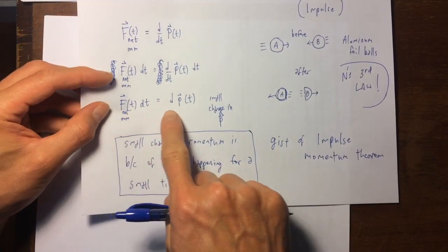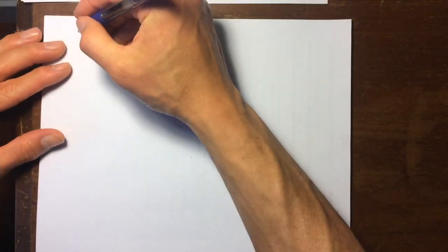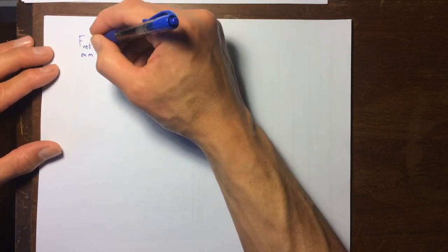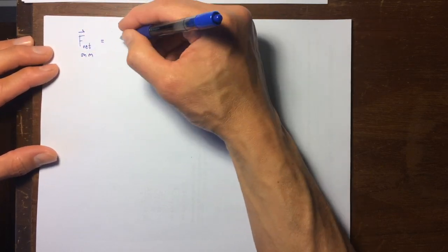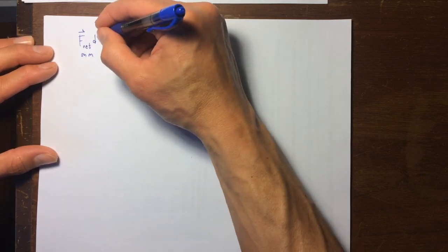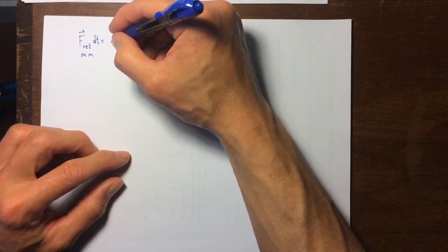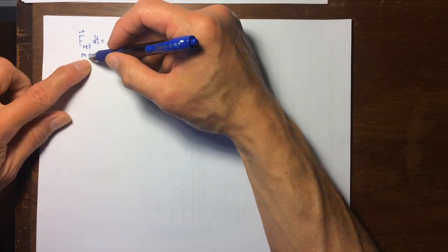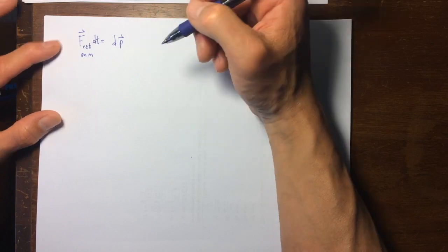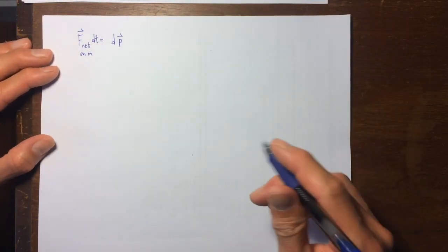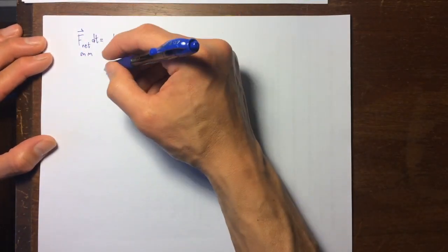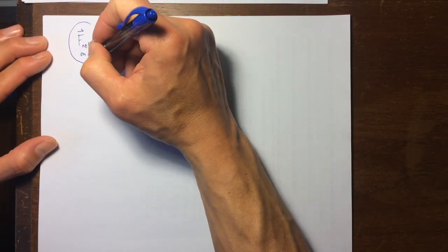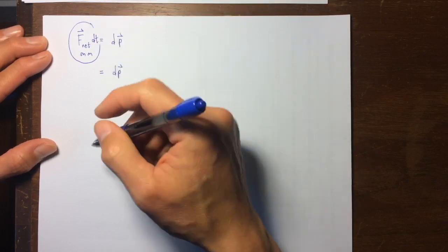So I'm going to rewrite this line right here. So the net force on m times a small amount of time, dt, is equal to a small change in the momentum of the object whose mass is m, right? And I'm going to identify this weird construction on the left-hand side.